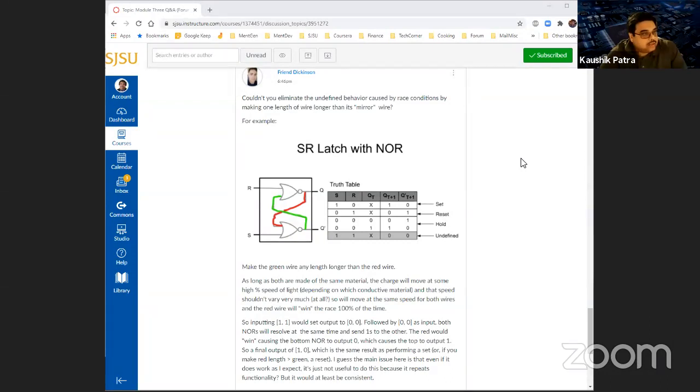Make one wire length mirror its mirror wire. So you're depending on the speed, on the delay of that conducting material. That's what you're thinking.